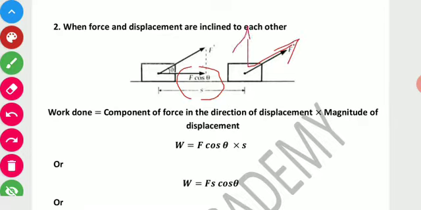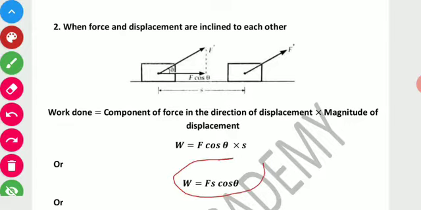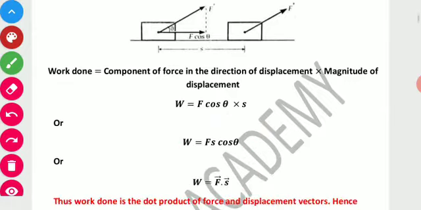One is F cos theta and second is F sin theta. Here we will take that component which is in the direction of displacement. So here F cos theta is in the direction of displacement, so we will take that. So finally our equation is F s cos theta, where s is the displacement.